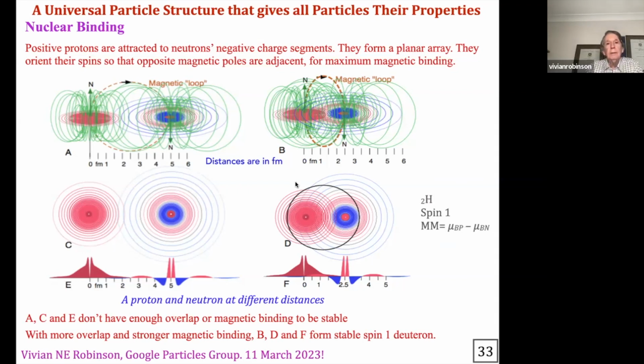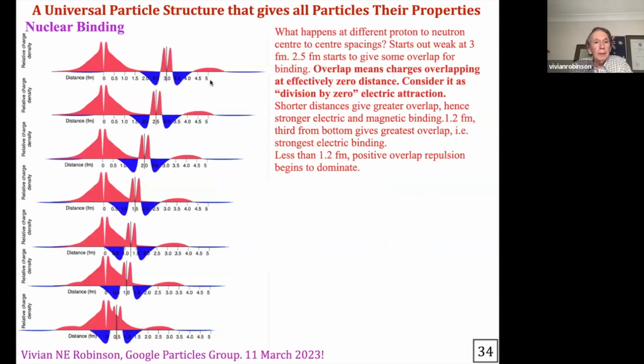So what I want to do now is just take you through the different stages as the neutron gets closer to a proton. At 3 FM there's not much overlapping, but you see here at 2.5 FM, there is starting to be significant overlap between the p/9 and the neutron n/3.